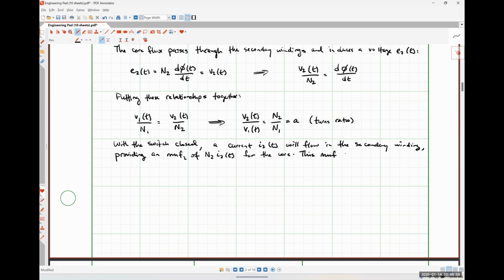This MMF is opposite to MMF1 of the primary winding.